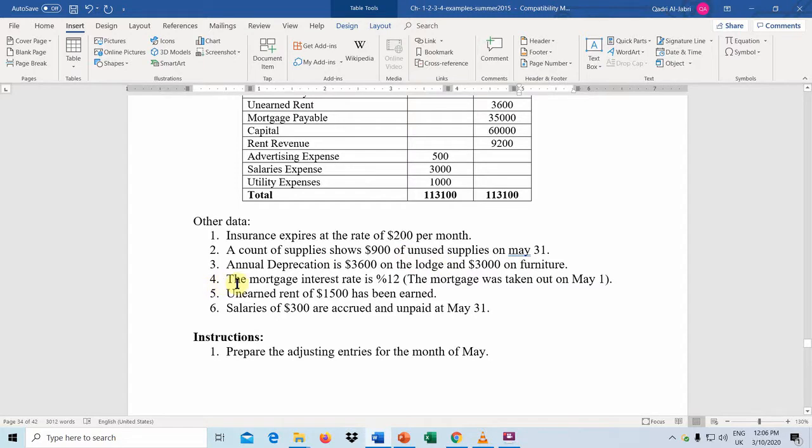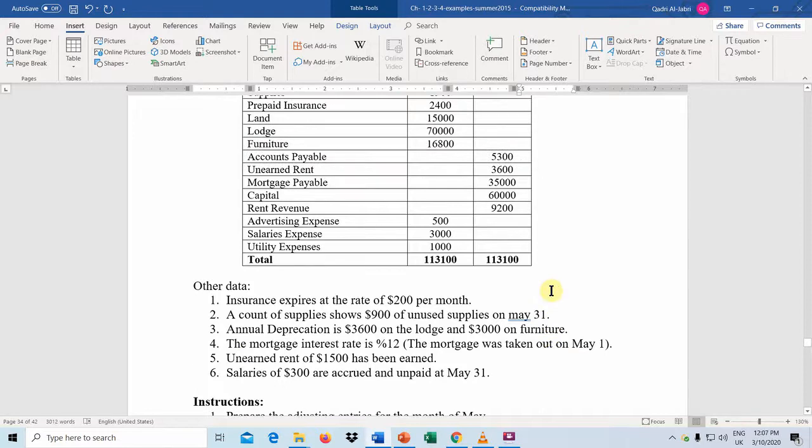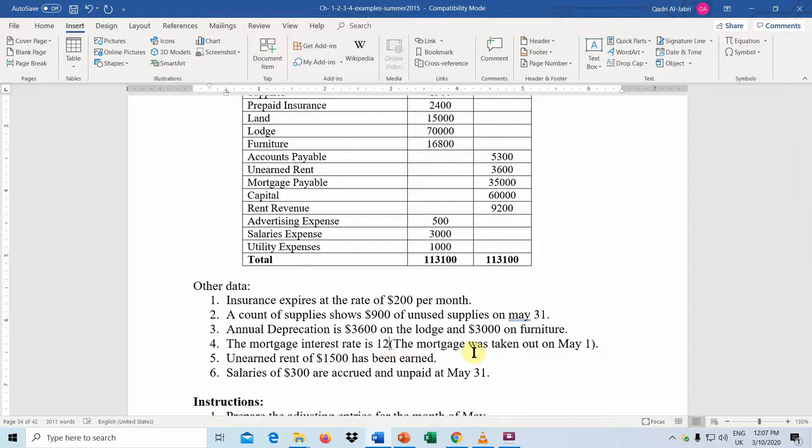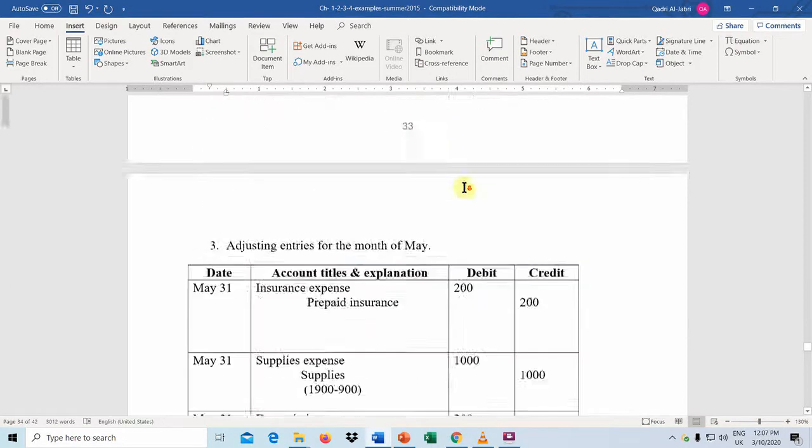The second one, mortgage interest, is 12%. This we call annual interest rate. Now the mortgage is 35,000.